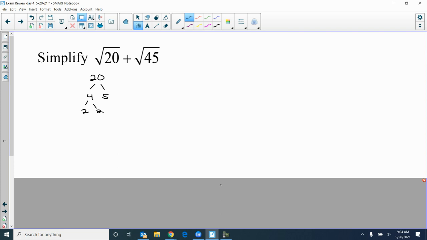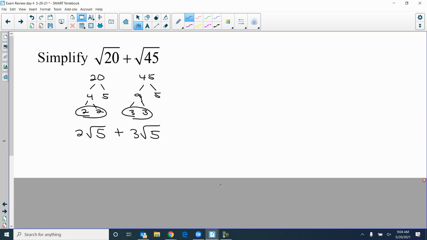That gives me a pair of 2s, so that becomes 2 square root of 5. 45 is 9 times 5, which is 3 times 3. So now I have a pair of 3s.